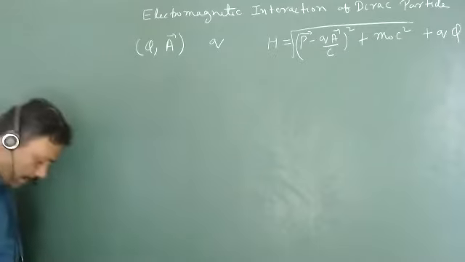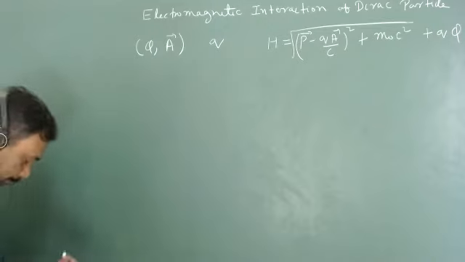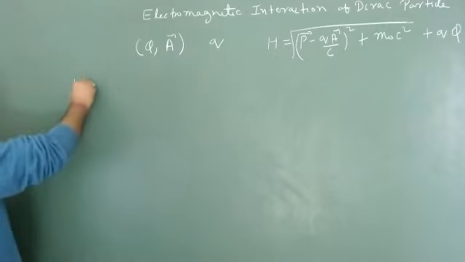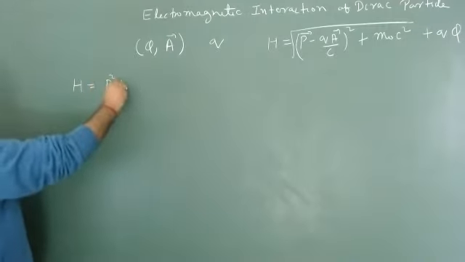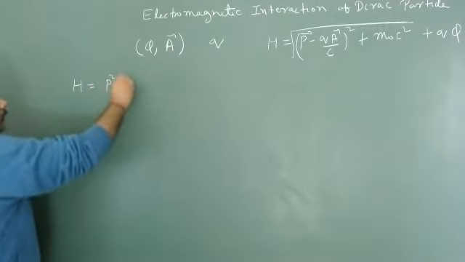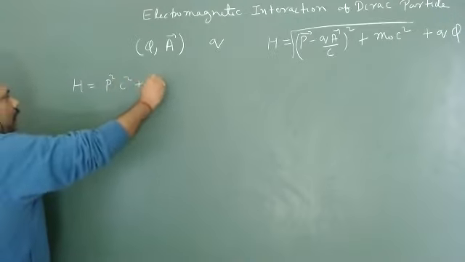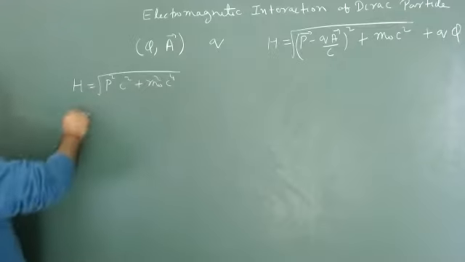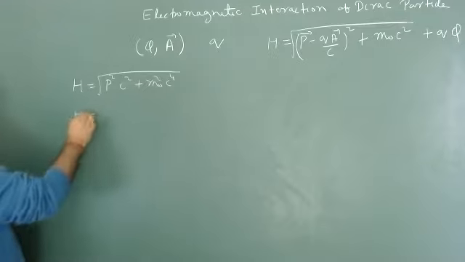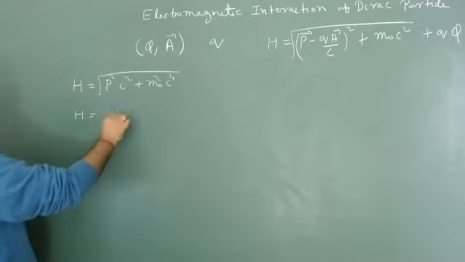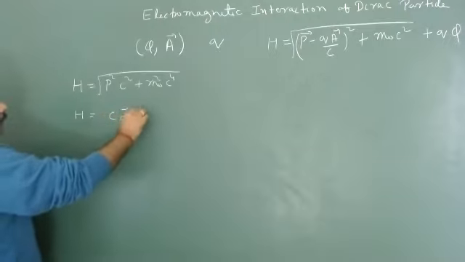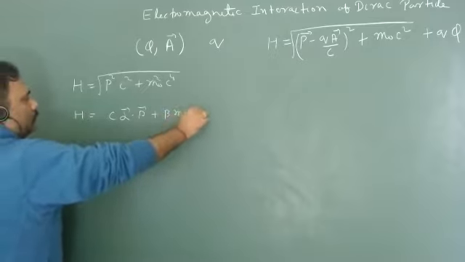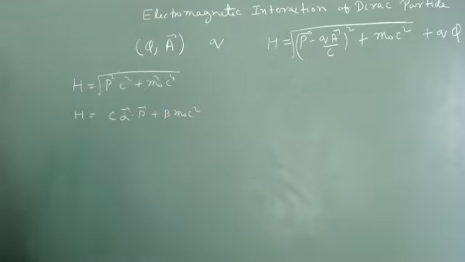If we write H is equal to the square root of P square C square plus M naught square C4, then this Hamiltonian can be written as C alpha dot P plus beta M naught C square.